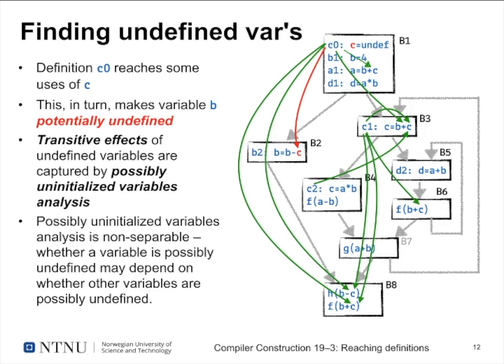So we can figure out, is there maybe at least one path that reaches a current program point where the variable that is used in this basic block we're considering right now is actually not initialized at all. So this possibly uninitialized variables analysis is important because, again, it helps us to identify possible security problems in our code.